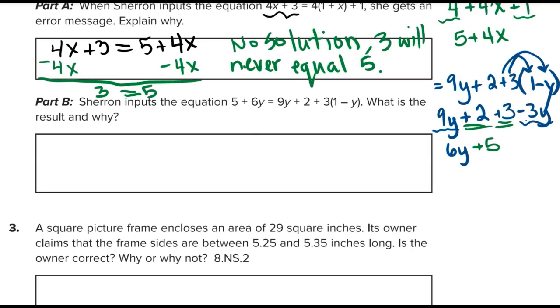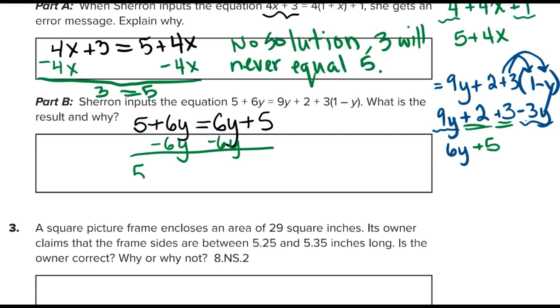And so let's check to see what's going on in the whole equation. We got 5 plus 6y is equal to 6y plus 5. So in this case, if I take 6y's away from both sides, I'm left with 5 is equal to 5.